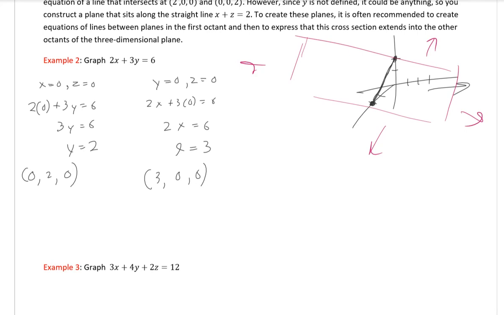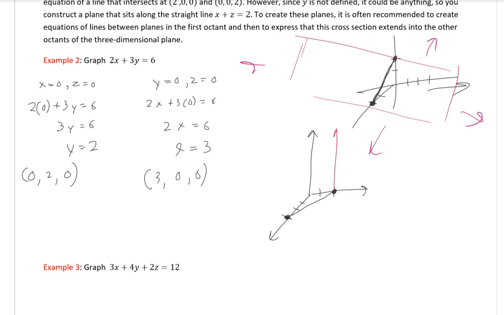If I graph this, x, y, and z, what I will do is put both these points down. 3, 0, 0 would be 1, 2, 3, right there. 0, 2, 0 would be 2 in the y direction, which would be right there. And then I have a line between them. That line is defining a plane that is true for all z values.